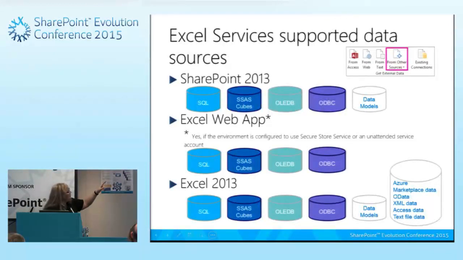In SharePoint 2013, in Excel, we've got a lot more data sources that we can access than the Visio equivalent. So perhaps that may be the reason why you're going to choose Excel over Visio if you're in Office 365. If you're on premises, they're both about the same. If you are going to display your Excel file using Excel Online, then again there are some restrictions.